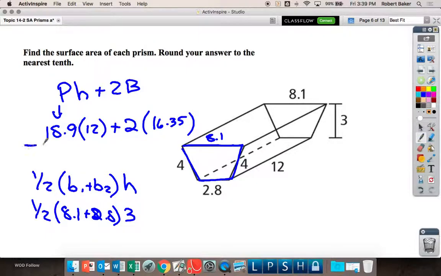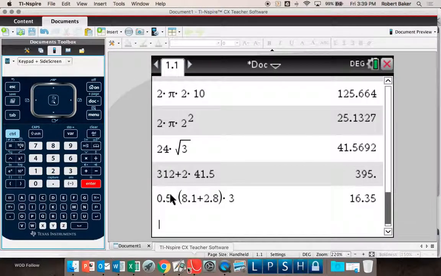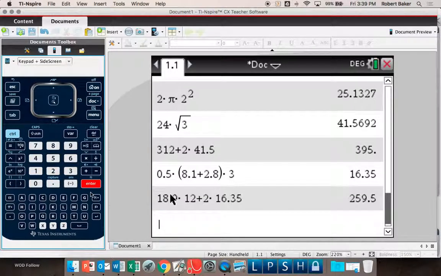So 18.9 times 12, plus 2 bases. I'm making sure you're paying attention. 259.5 units squared, because there are no units here. 259.5.